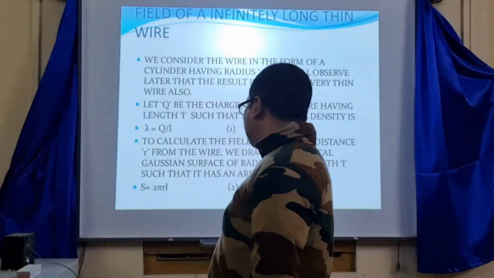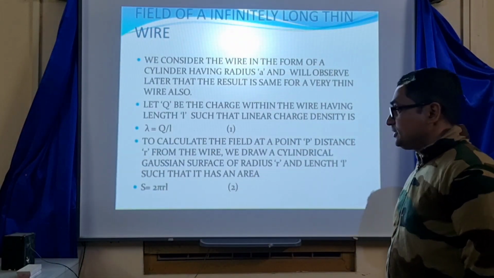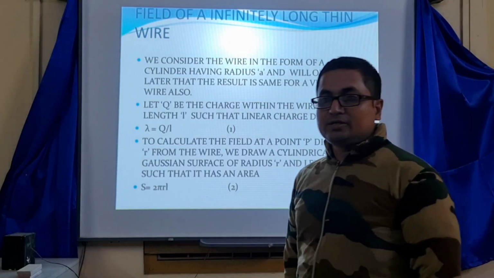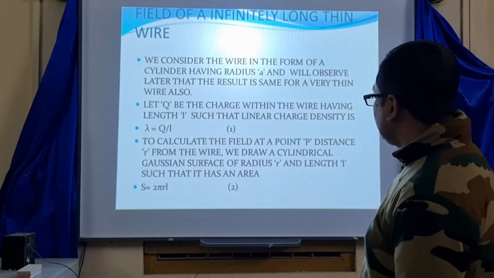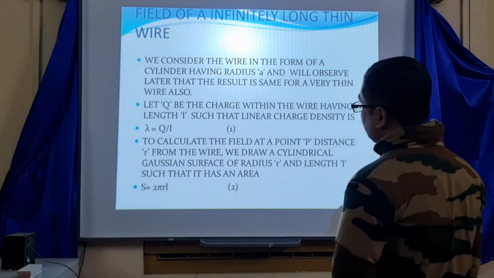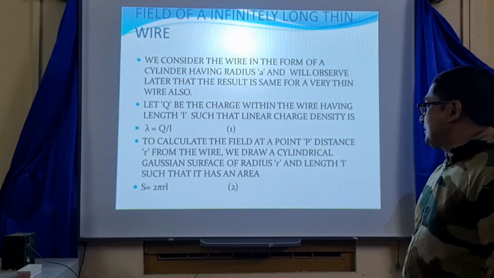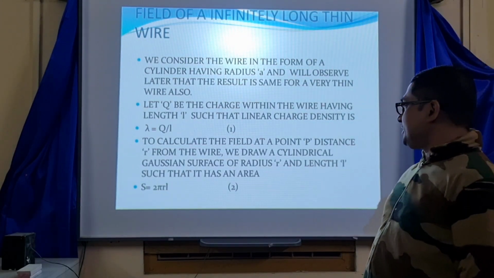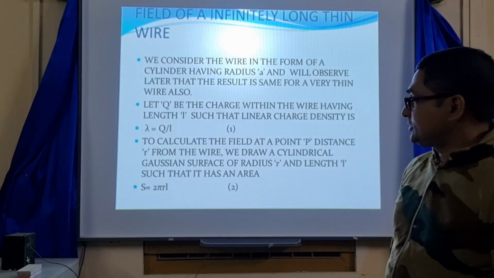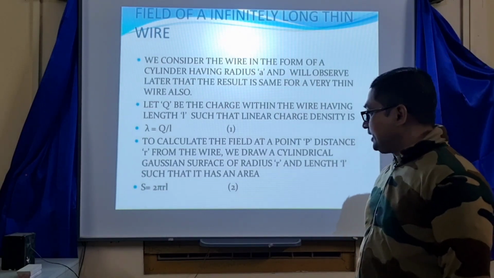So first, let's take the first example for the case of cylindrical symmetry. We take, as stated, an infinitely long wire in the form of a cylinder, let's say, having a radius a.